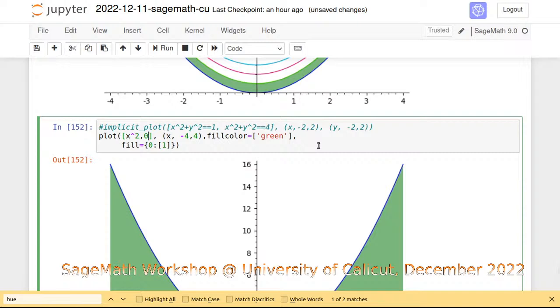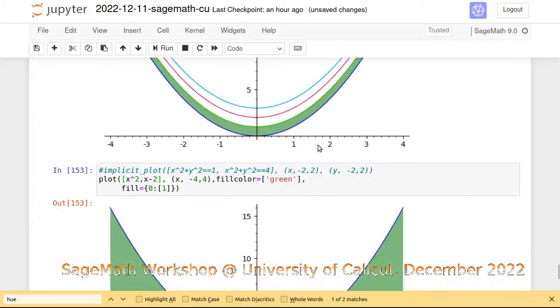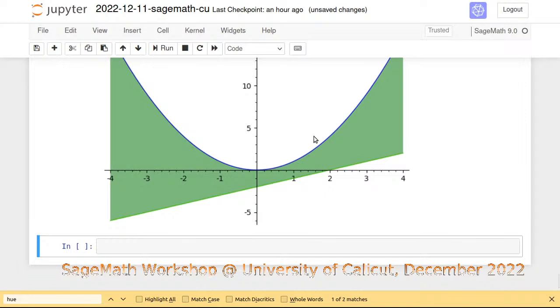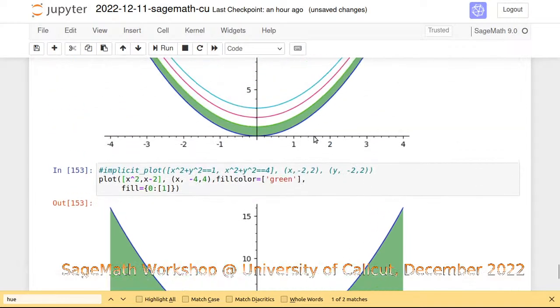X minus 2, we may take x minus 2. This is y is equal to x minus 2, no? You wanted x equal to 0 instead. Yes. But I am thinking how to achieve that x equal to 0.